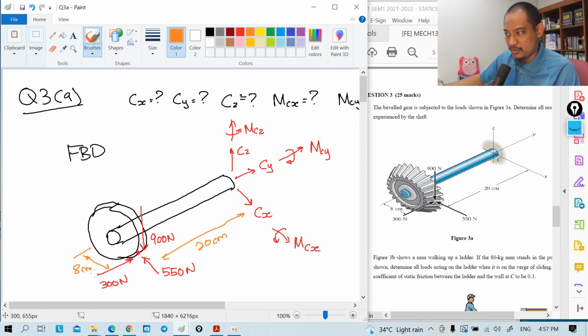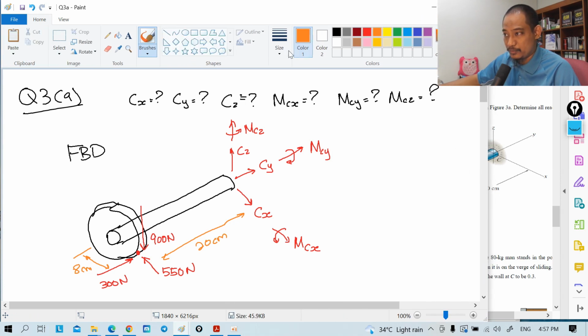Of course, these distances will be used in the moment calculation, right? Okay, so there you go.